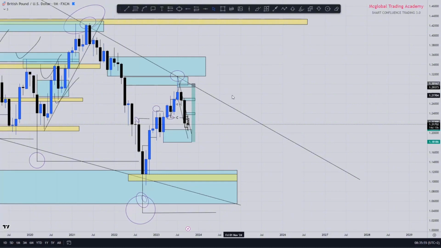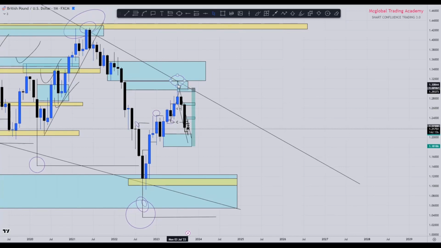So you notice that this was around July this year, they actually tapped into that zone. So from July, August, September, October, this is 4 months, your bias is entirely bearish, because you're coming from a major supply zone and order flow is bearish.